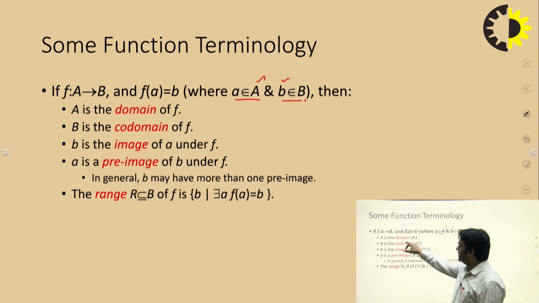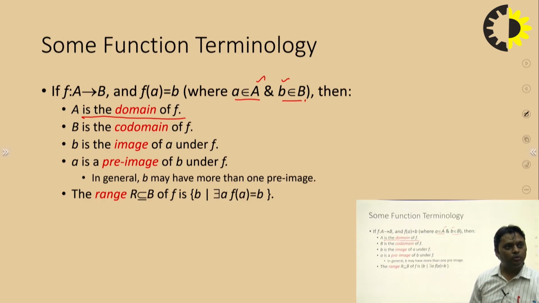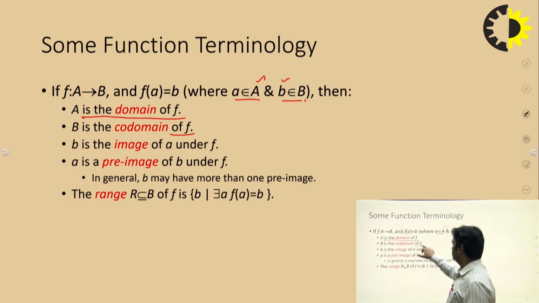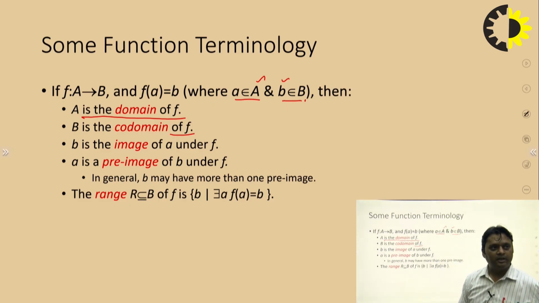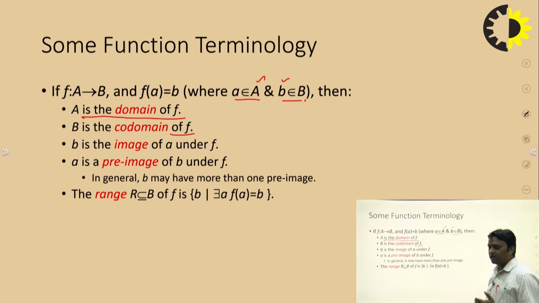The elements of A form the domain of the function f, and B is the codomain of f.